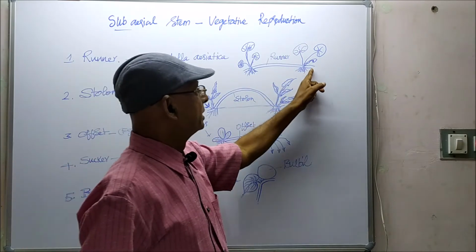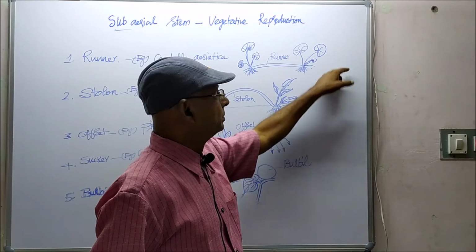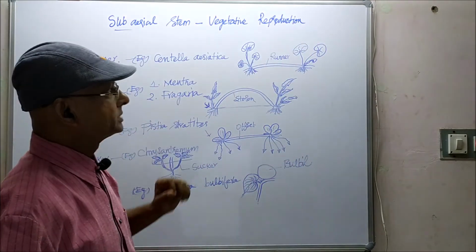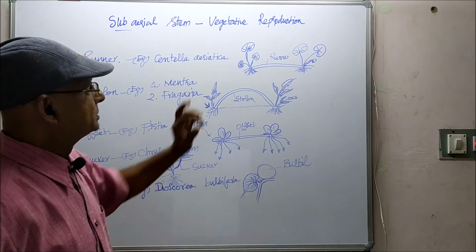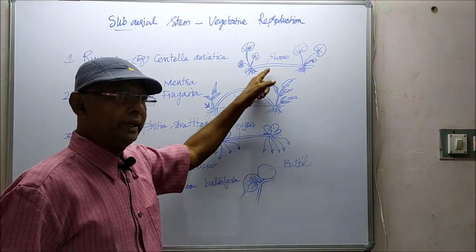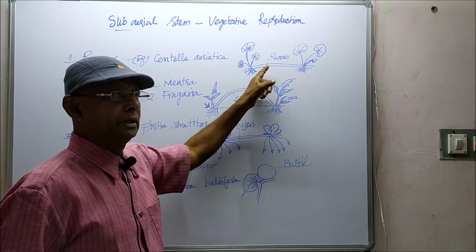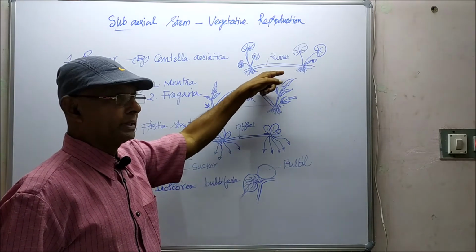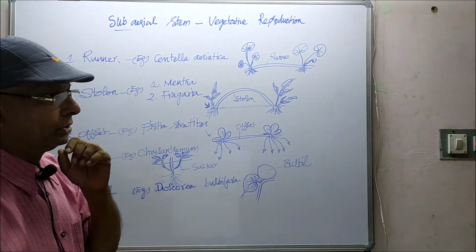Then the runner will grow on the soil surface again and produce a new plant, and again like that. So runner is a thin, slender, long lateral branch that is purely meant for vegetative reproduction, that will produce new young plants wherever it goes.